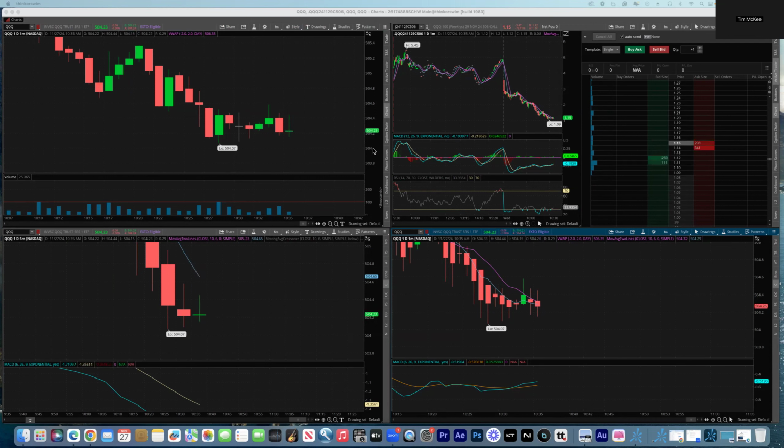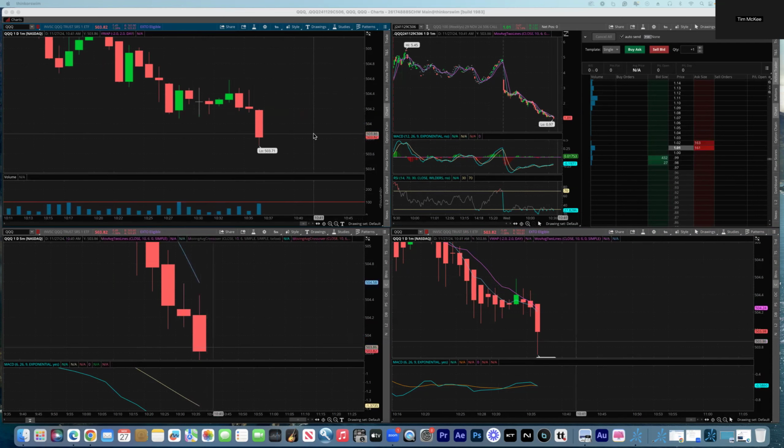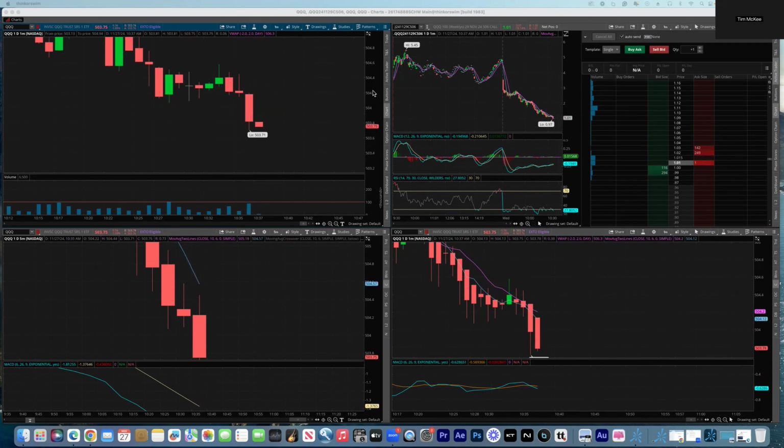A little bit of a breakout on the downside. Don't necessarily want to chase this down.